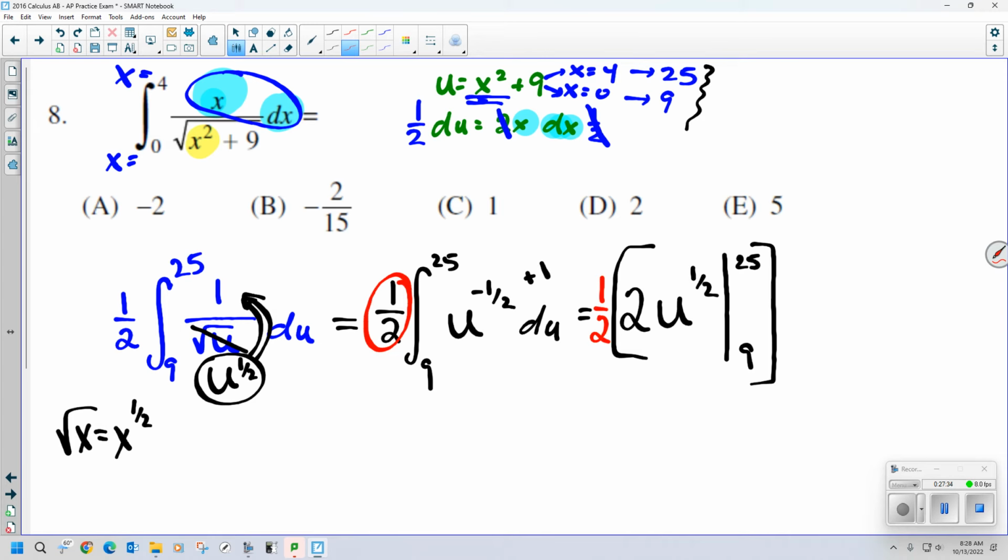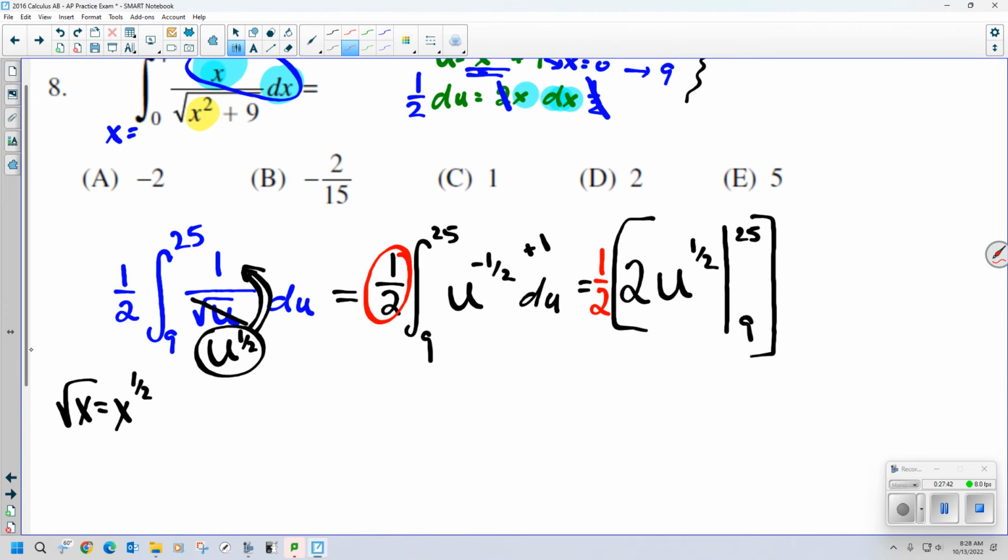All right? Okay. This problem does not have a calculator, so it shouldn't be complicated to do, and it is not. Because we already know this is the same thing as saying the square root of u from 25 to 9. That's perfect. Those are two perfect squares. 1/2 times this monstrosity. Let's go.